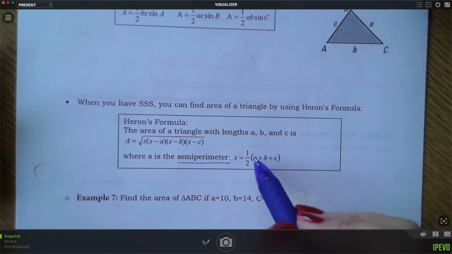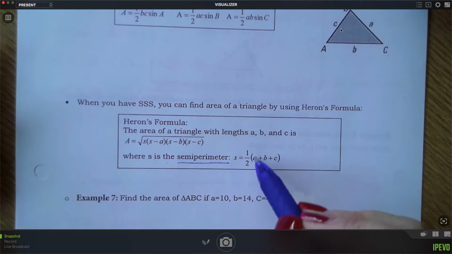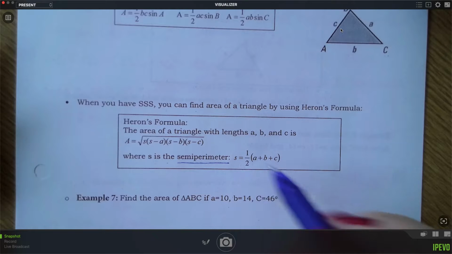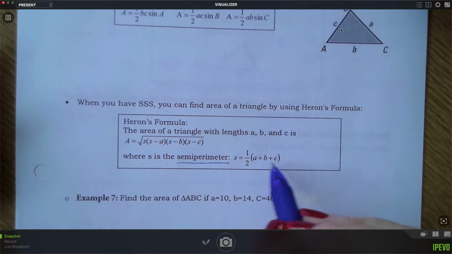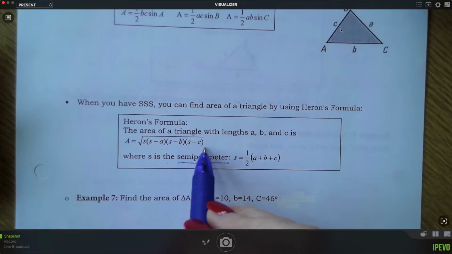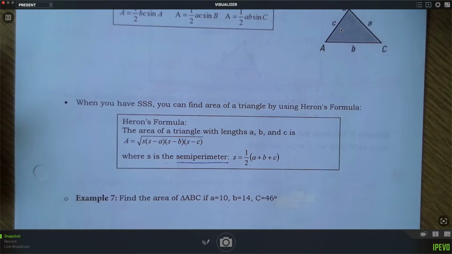Again, it's easy to remember the 1/2 because what is in the original formula for area of a triangle? 1/2. So you find this 1/2 of the perimeter and you just plug it in. Is half of the perimeter always going to be bigger than any one side? Yes, because that's how triangles work.